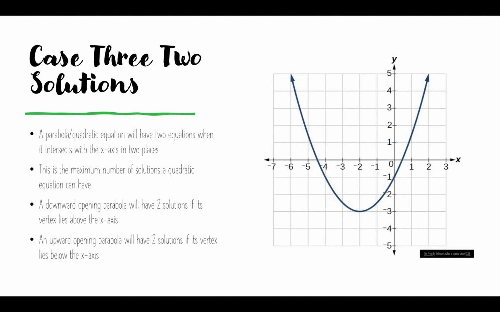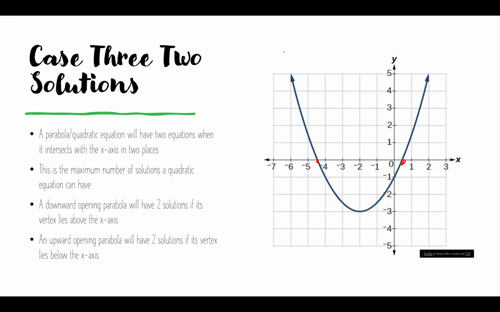Let's look at the third case, when the parabola has two solutions. So a parabola or quadratic equation will have two solutions when it intersects with the x-axis in two places. And this is the maximum number of solutions a quadratic equation can have.